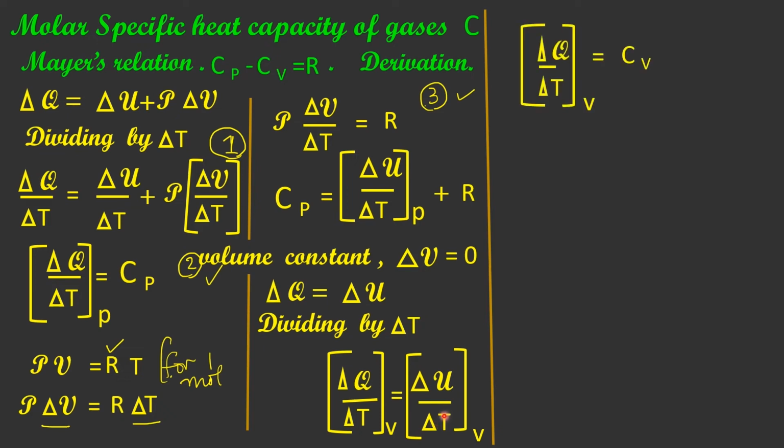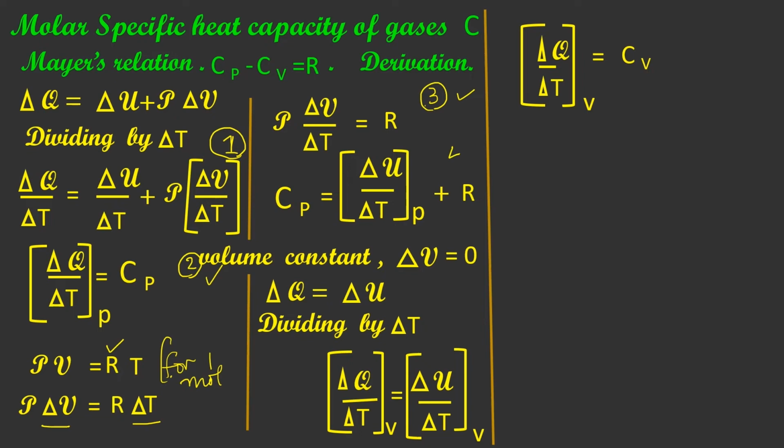But we know delta Q by delta T at constant volume is molar specific heat capacity at constant volume. Compare this with this equation, delta Q by delta T at constant pressure is Cp. Similarly, delta Q by delta T at constant volume is Cv.